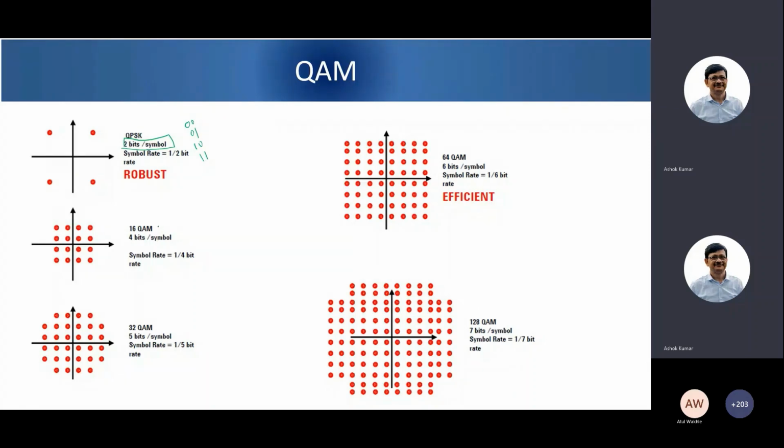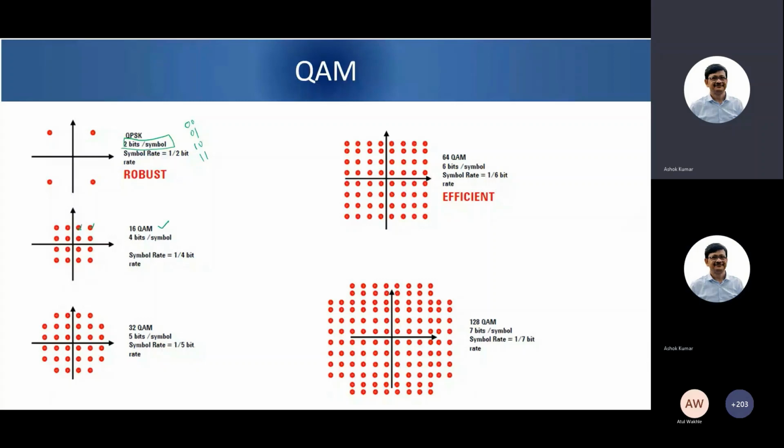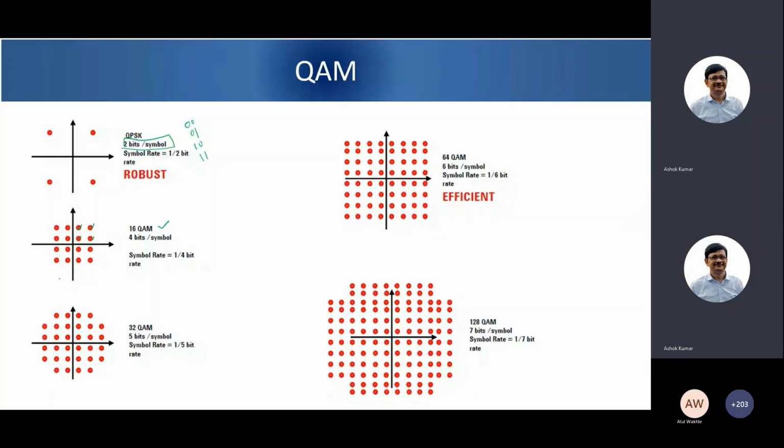In 16 QAM, you will have 16 points with different phase and amplitude, and that's why you have 16 combinations. With 16 combinations you can represent 4 bits. You can start from 0000, then 0001, and go up to the last, 1111. So you'll have 16 such combinations, so 4 bits per symbol can be transmitted.